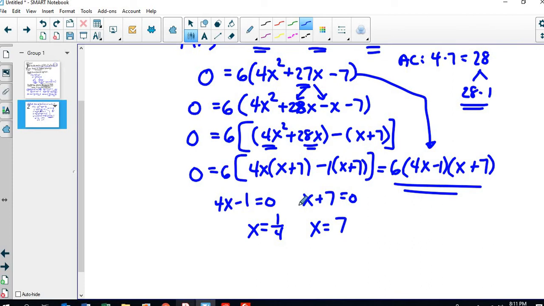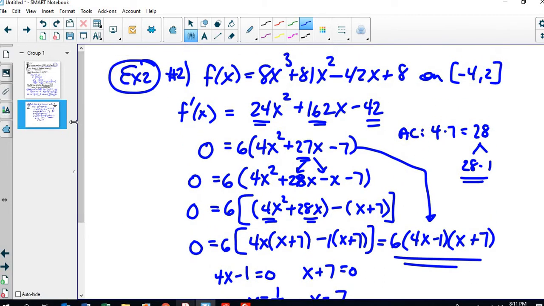Now, once again, we haven't done this before, but because we are going to do the candidates test, only check candidates that count. And what candidates count? Candidates that are inside of our interval. That's why I picked problem number 2. Our interval is from -4 to 2.